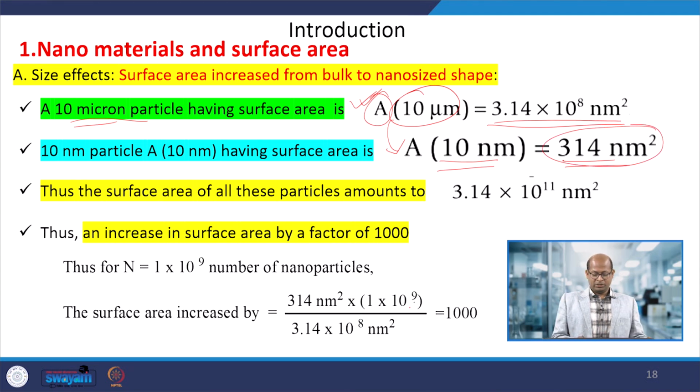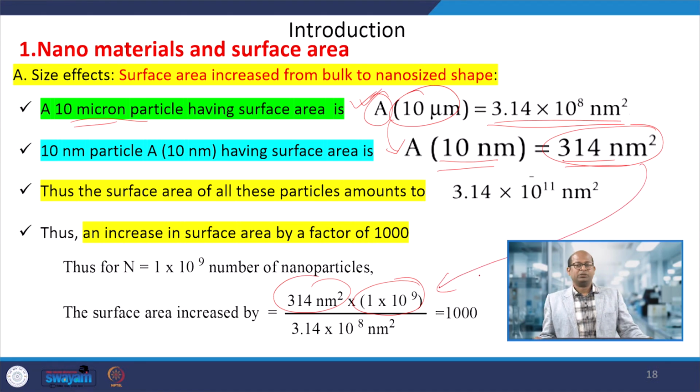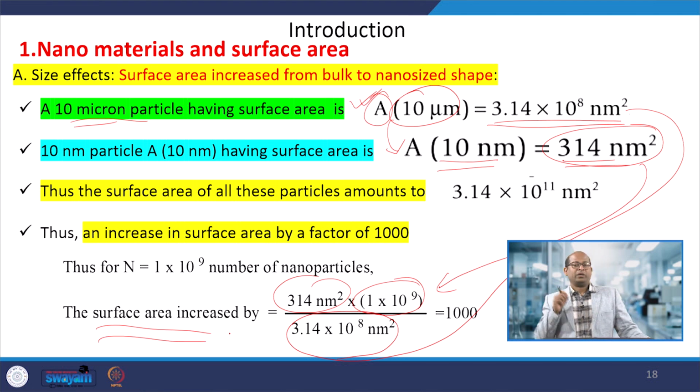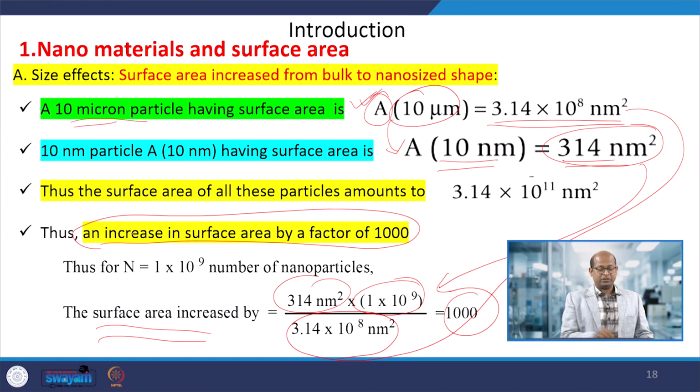So 10 to the power 9 times the particles, and then the total surface area after converting the micron size particles into nanometers is this, compared to one particle having 10 micrometer surface area. So we can say that by changing the material from microns to nano, the surface area will be increased 1000 times.